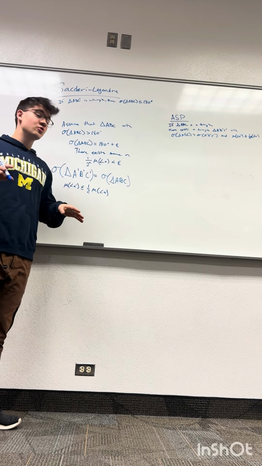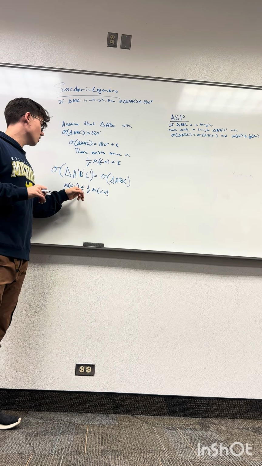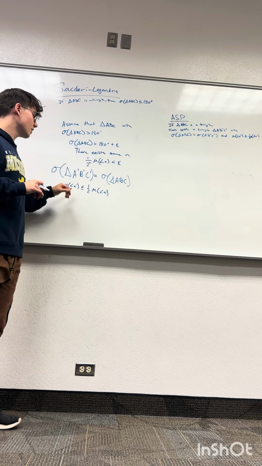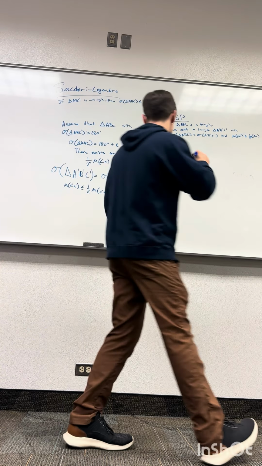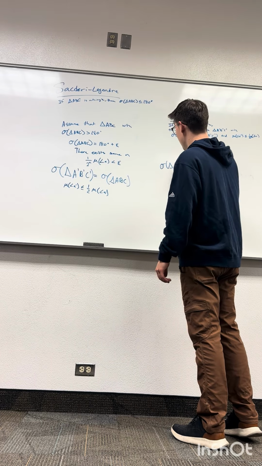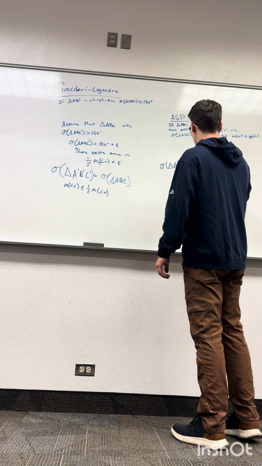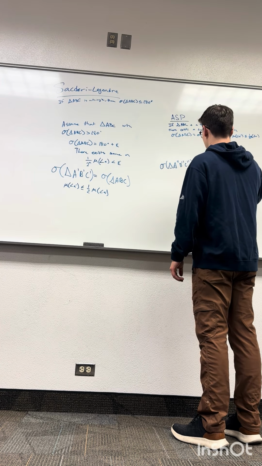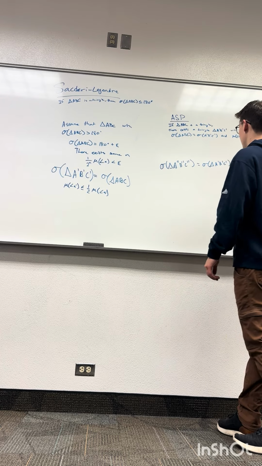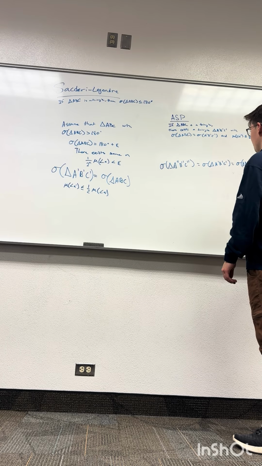So what we're going to do is apply this lemma again, and we're going to say, okay, well, this triangle A prime, B prime, C prime exists. Therefore, there's another triangle, A double prime, B double prime, C double prime, that has the same angle sum as A prime, B prime, C prime, which has the same angle sum as triangle ABC.